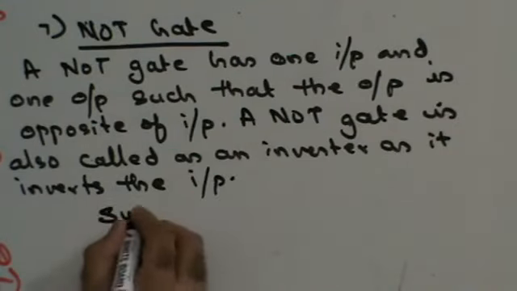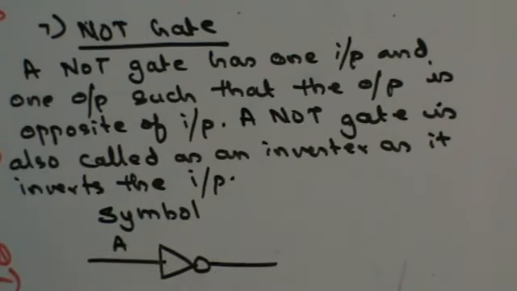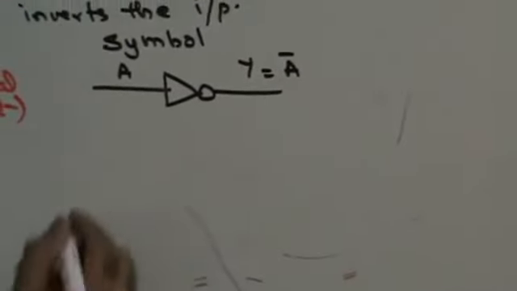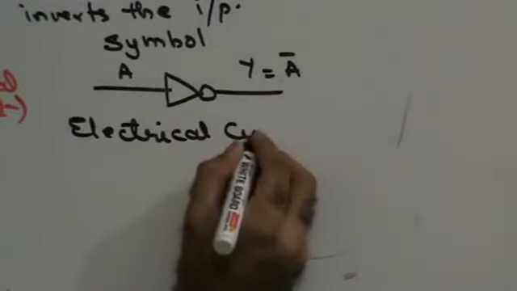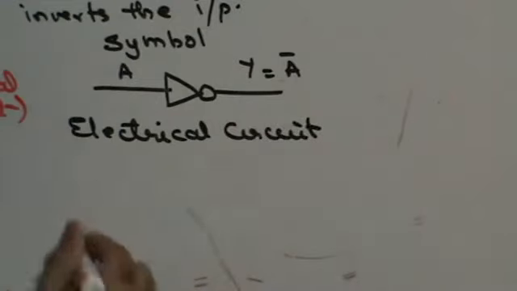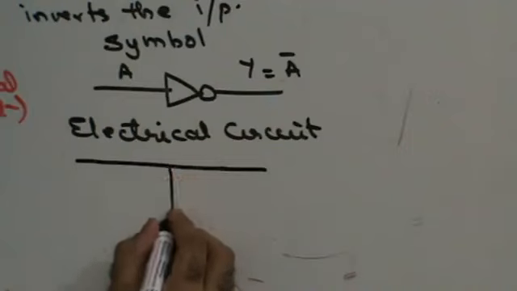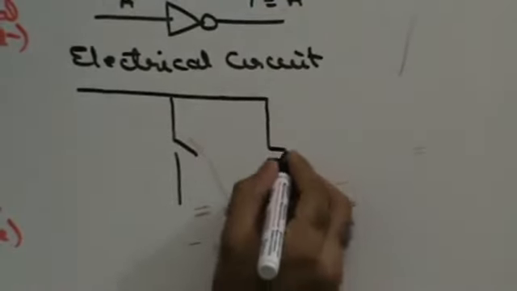Let's see the symbol for this. Input, output. Output is not A, right? Electrical circuit: your switch is connected in parallel with the output.